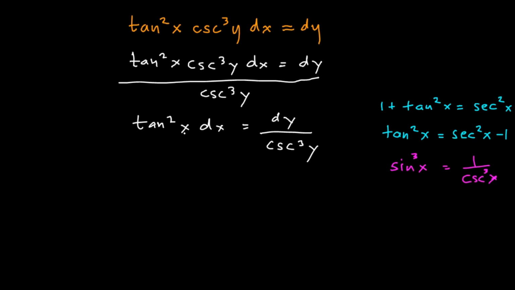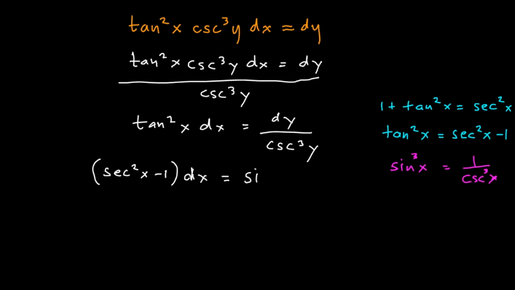So, itong tangent squared x ay magiging secant squared x minus 1. So, secant squared x minus 1 times dx equals, then ito, di ba, dyan ay 1 over cosecant cube y. So, mangyayari dyan, magiging sine cube y na siya. Okay?